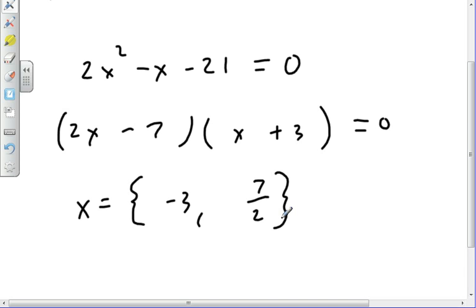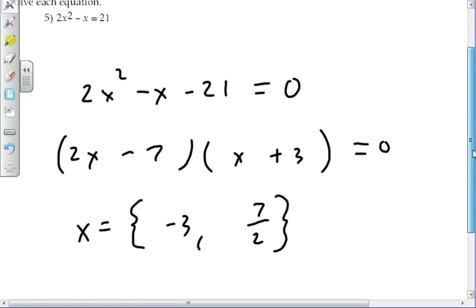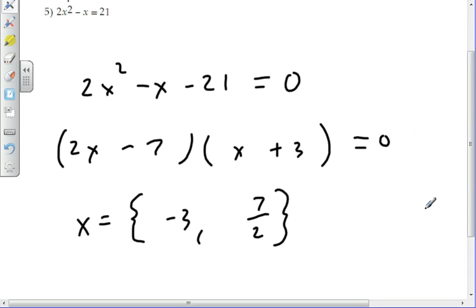Ooh, look at that. But that one took me longer than it took me to factor the stupid thing. So that's why I would look to factor it first before I would go on to something else. And notice that this is not multiple choice, so you don't have the option of picking the wrong answer.